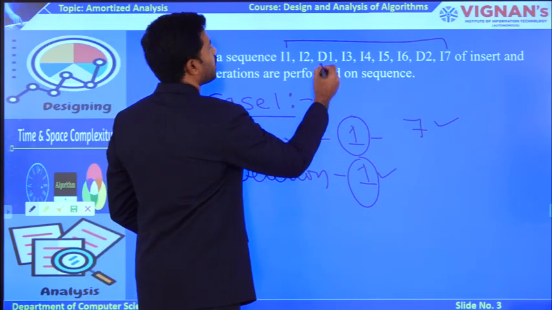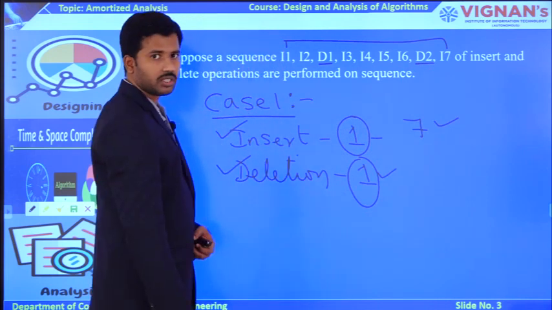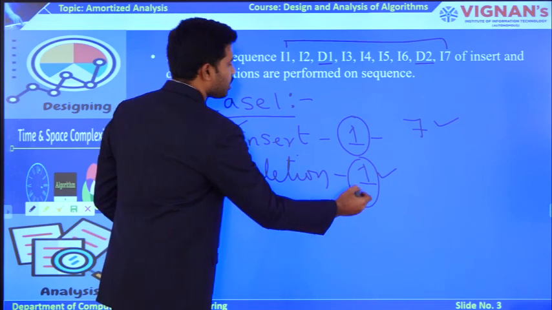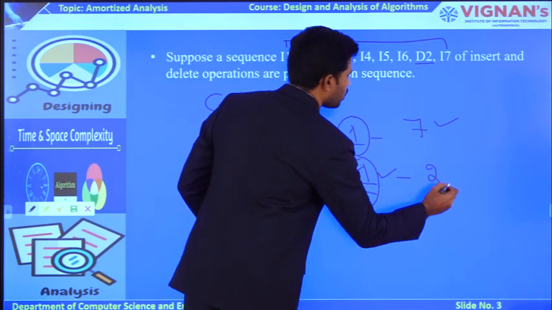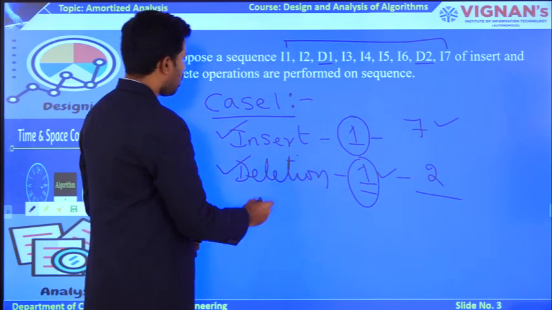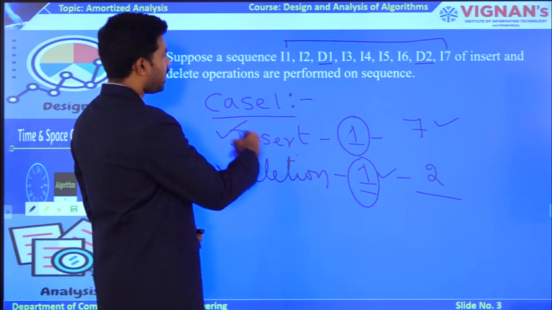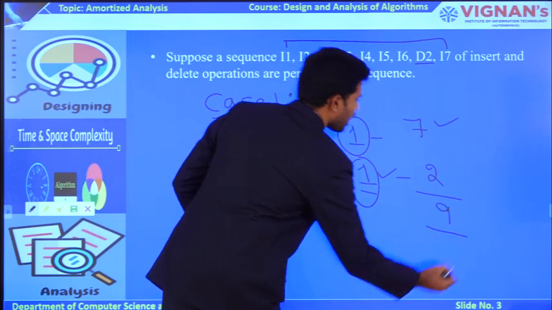There are 2 deletion operations, and each takes 1 actual cost, so the total cost for these 2 deletions is 2. The total time complexity of this algorithm to perform 7 insertions as well as 2 deletions is going to be 9.